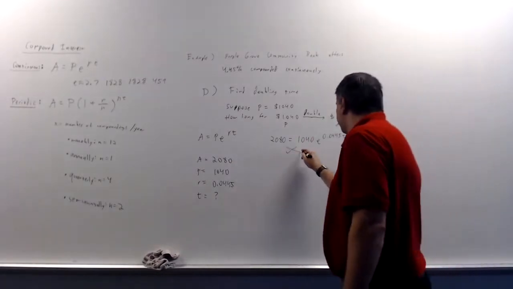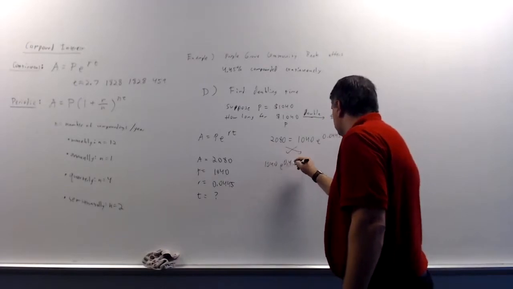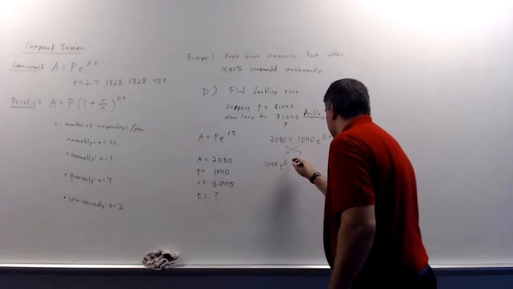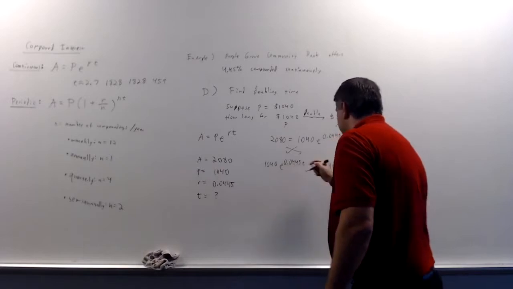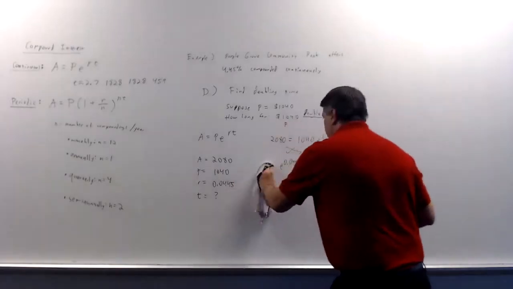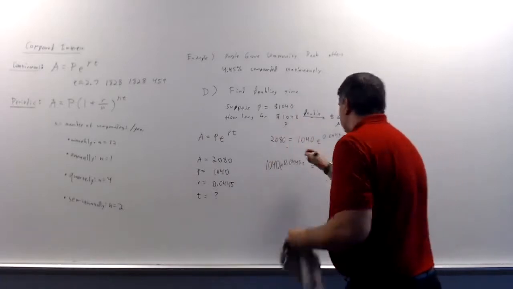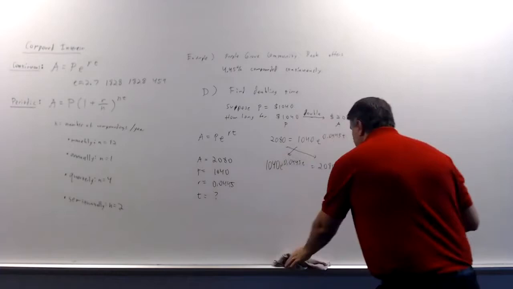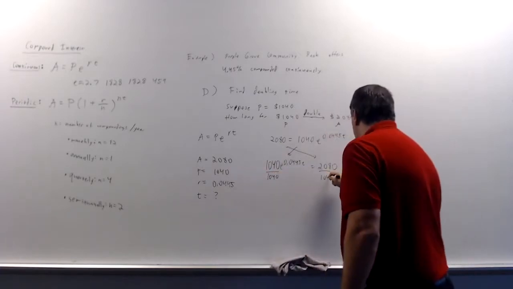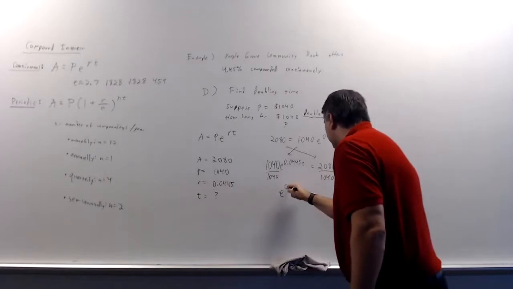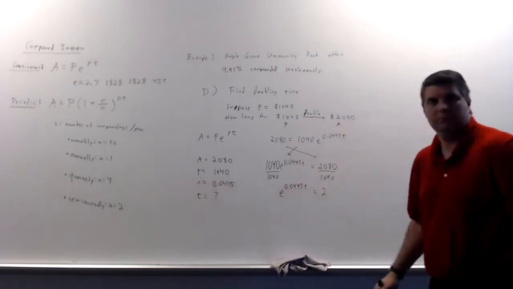So I propose to switch the sides and divide. Divide this off, and we have e to the 0.0445t power equals 2.